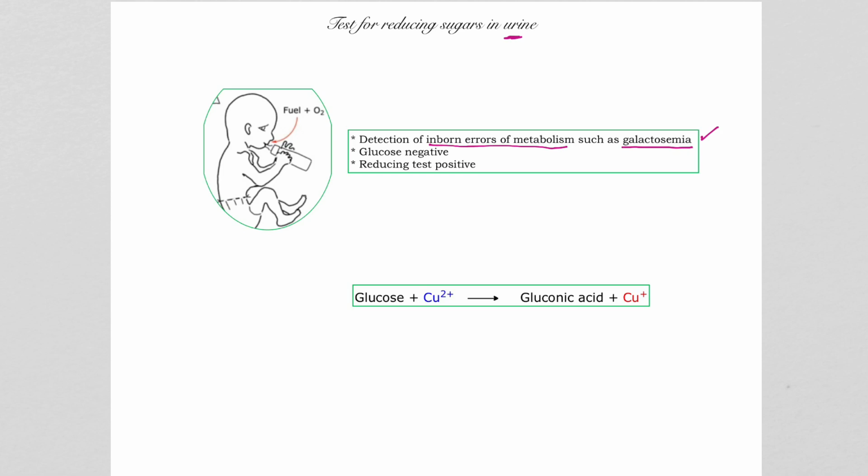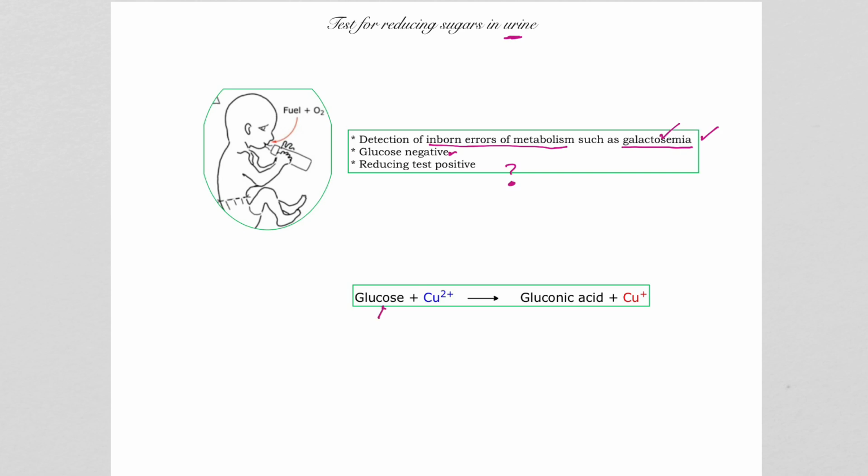So usually if the glucose test is negative in the urine, glucose is also a reducing sugar, and so is galactose. So if glucose is negative, but the reducing sugar test is positive, that means there's something present in the urine that is causing the reducing action.